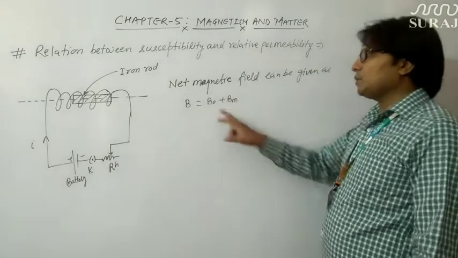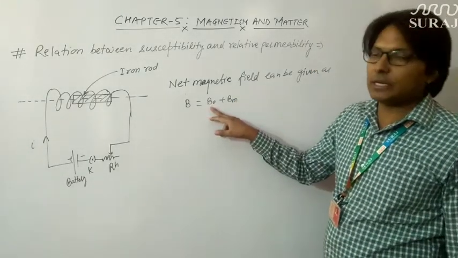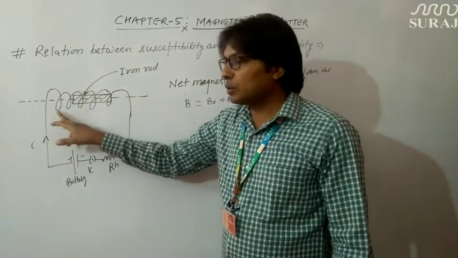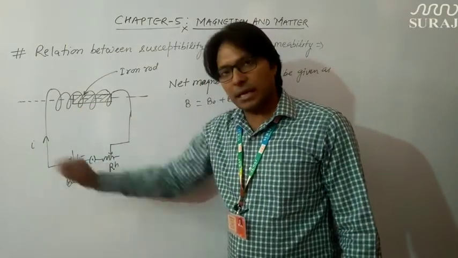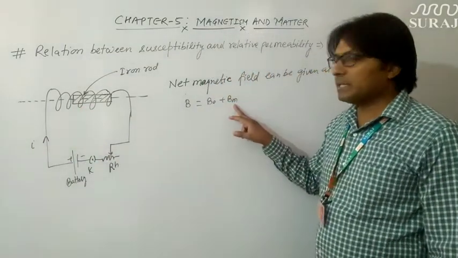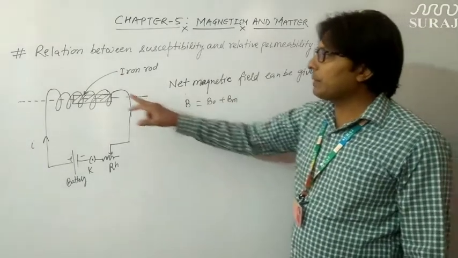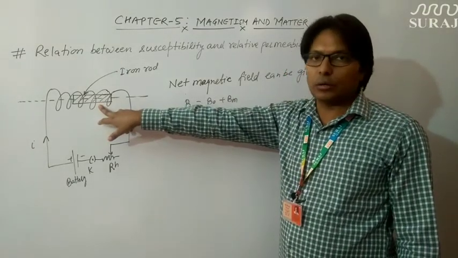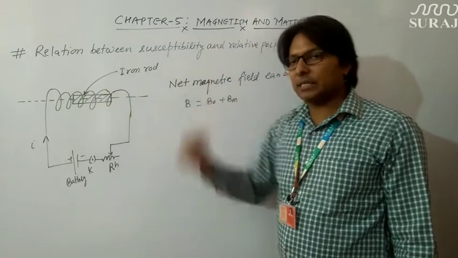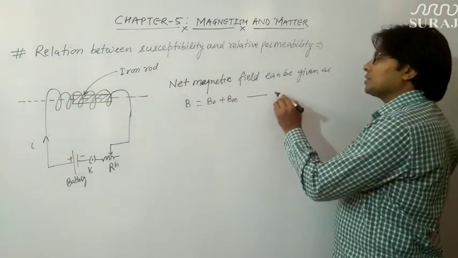Now what is B0? B0 is the magnetic field inside the solenoid due to this current I, and Bm is the magnetic field due to the magnetization of this iron rod which is placed inside the solenoid. So this is, suppose, equation first.